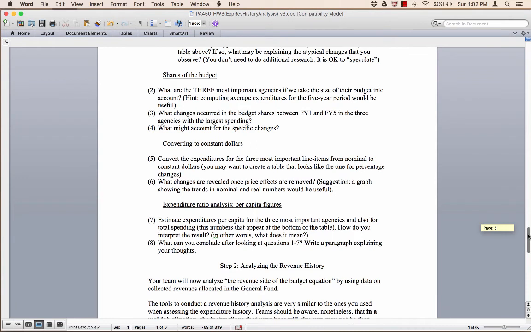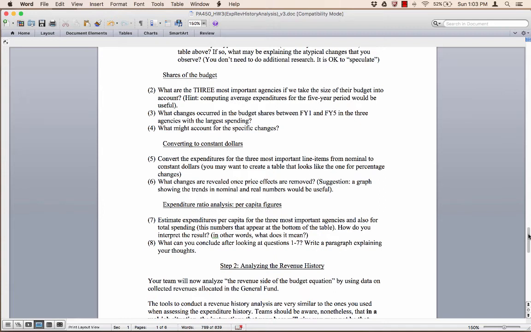Finally, on the expenditure side of the budget, I am asking you to calculate some per capita numbers. More specifically, expenditures per capita for the most important agencies, for the three most important agencies. So once you have this information, and this is what matters the most for this assignment, what story can you tell me?